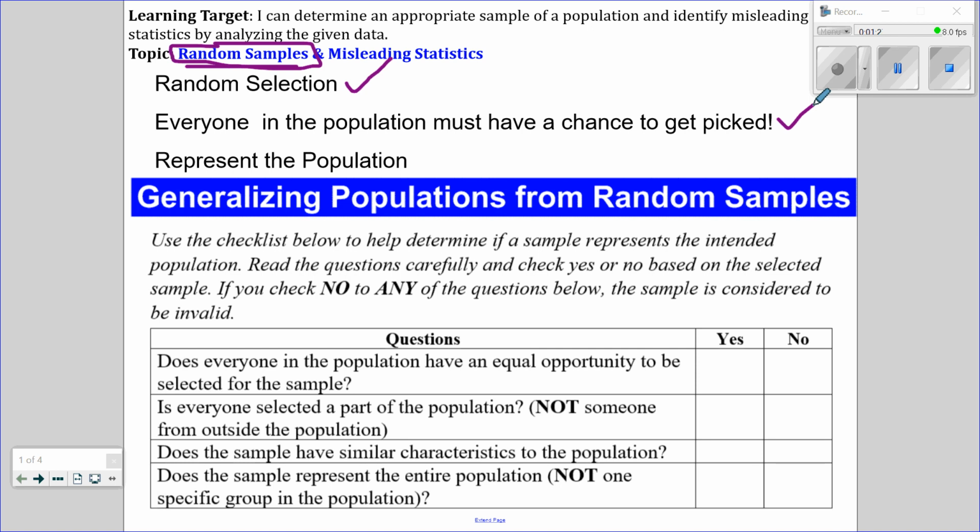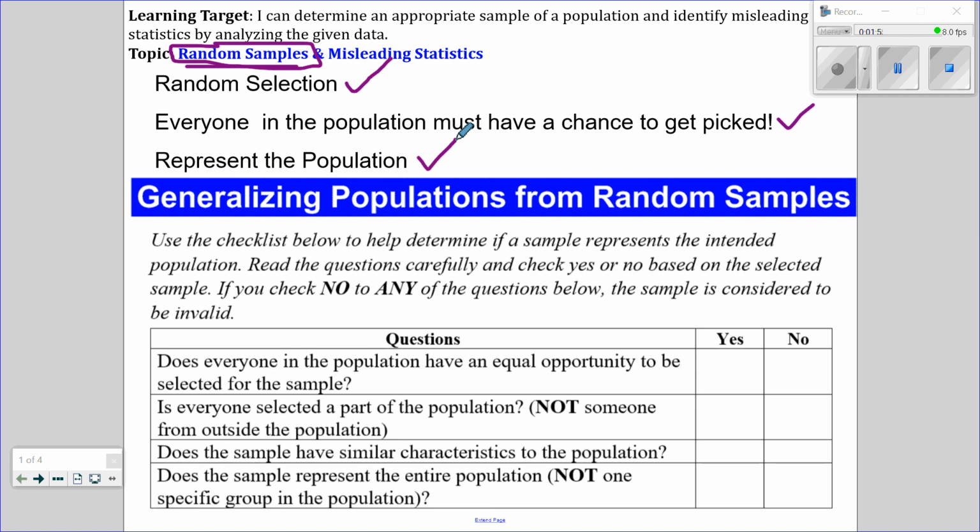Finally, you want to make sure that your sample represents the population. Are you picking people in the population that you're targeting? Let's say you want to survey your school, but you can't give the survey to everyone. Then you don't want to go to the mall and select people there, because those people might not go to your school.